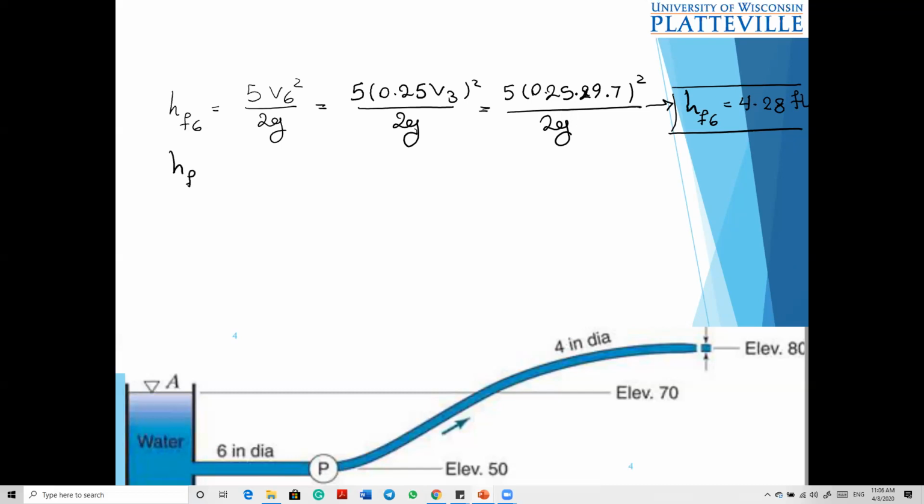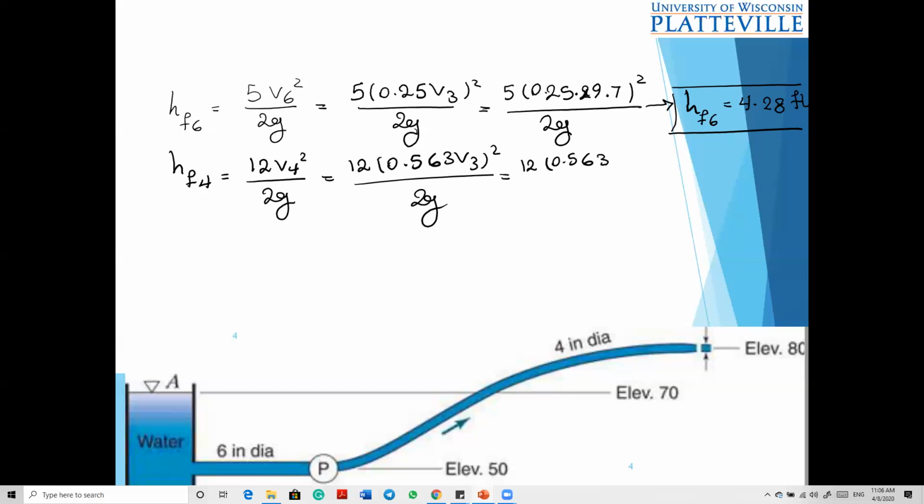Similarly, you can find for the 4-inch diameter, it is 12 V4 squared over 2g, which is 12.563 V3 squared over 2g, 12.563 multiply 29.7 squared over 2 multiply 32.2.